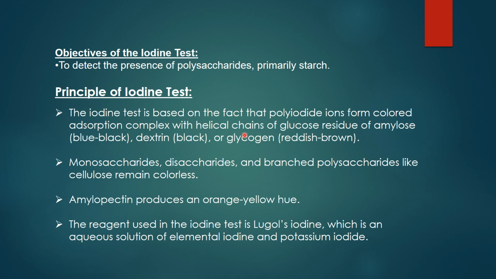So the monosaccharides and disaccharides and branched polysaccharides like cellulose, as you know the structure of the cellulose, these sugars remain colorless because they cannot form the helical chains.